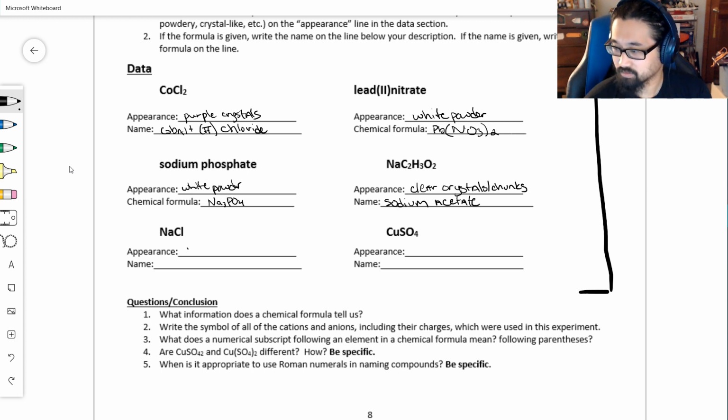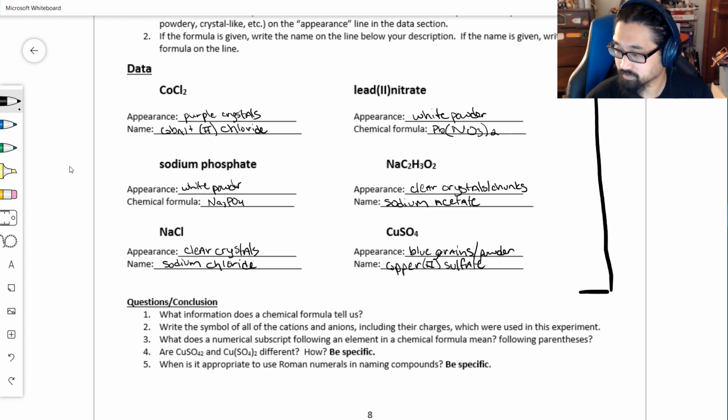NaCl, those clear crystals, and this is sodium chloride, and it's table salt. Finally, CuSO4 was a blue grains or powder, and it was copper 2 sulfate.